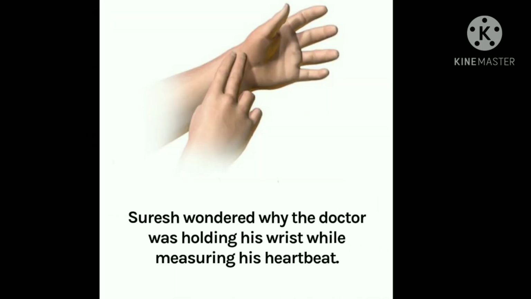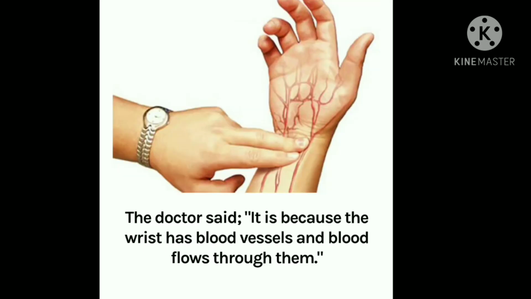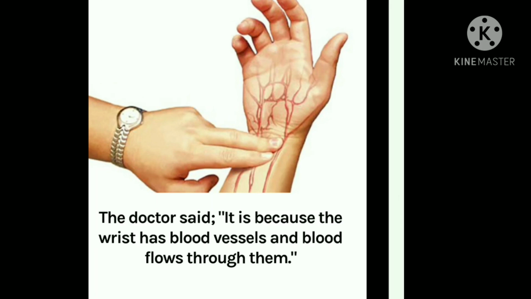Suresh wondered why the doctor was holding his wrist while measuring his heartbeats. The doctor says it is because the wrist has blood vessels and blood flows through them. You also experience the same whenever you go to the doctor: while checking you, they first check your heartbeats.